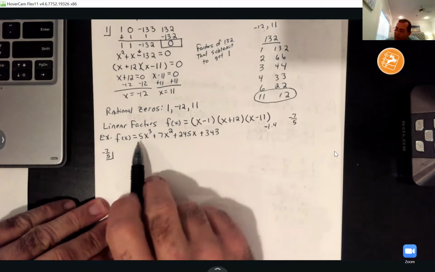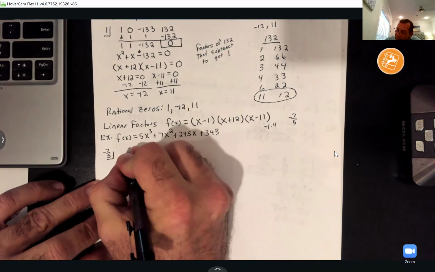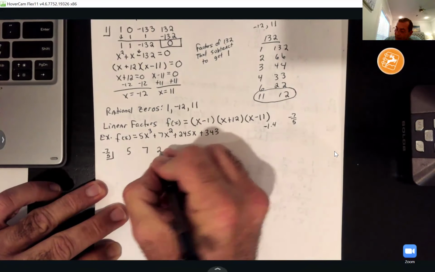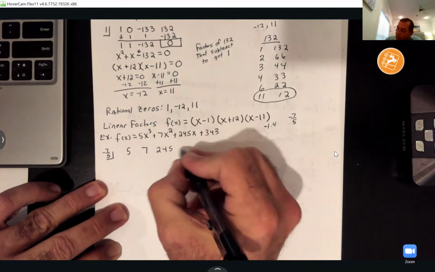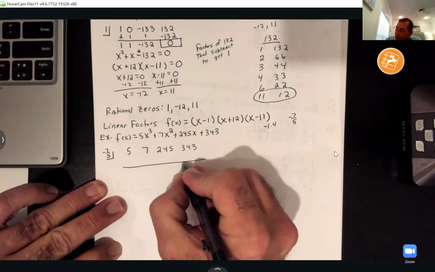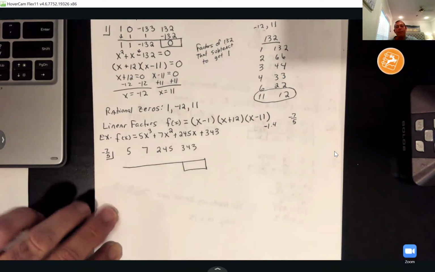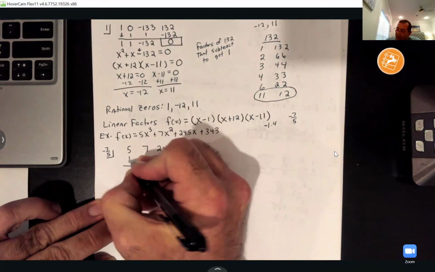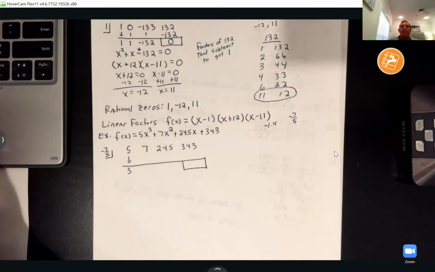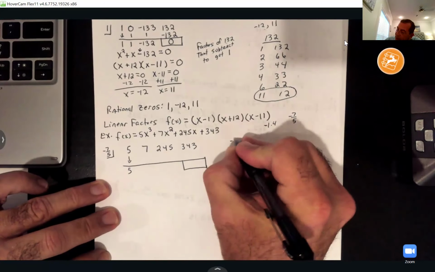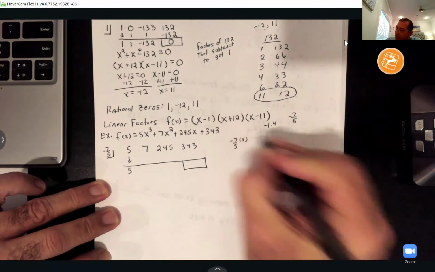So -7/5 will be my first 0. Alrighty. So let's write our numbers down. We got a 5, 7, 245, and 343. All right, y'all, so here we go. The 5 comes straight down. Five times -7/5. Remember, -7/5 times 5.